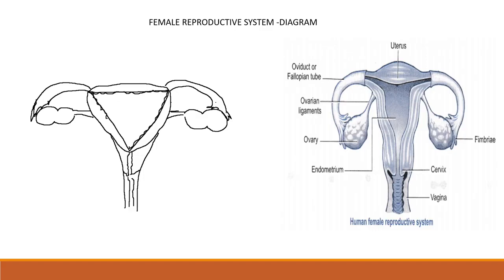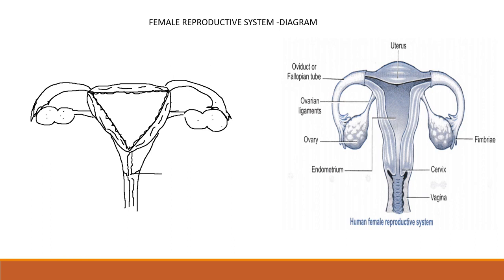As you can see, this is a pear-shaped uterus. Okay, and you can draw certain lines over here to show muscles of the uterus. And your fallopian tube is done, and even the ovaries are done. I know it's not looking that great. This is cervix.